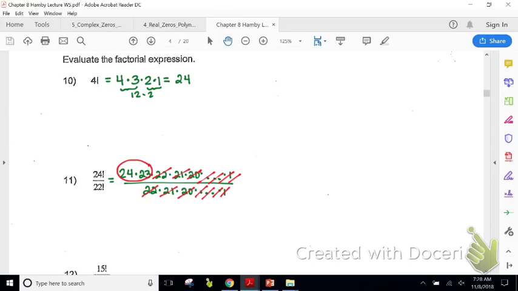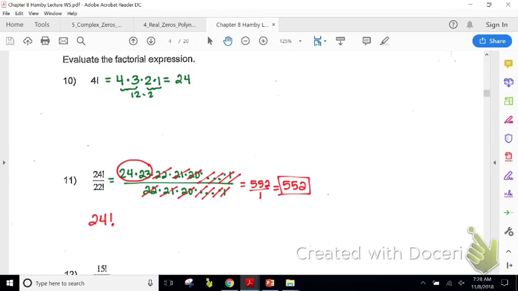So what is 24 times 23? 552. Technically, it's over 1, so you just get 552. So a way I could have written this without having to write all that extra stuff and the dot, dot, dots was I could rewrite 24 factorial.